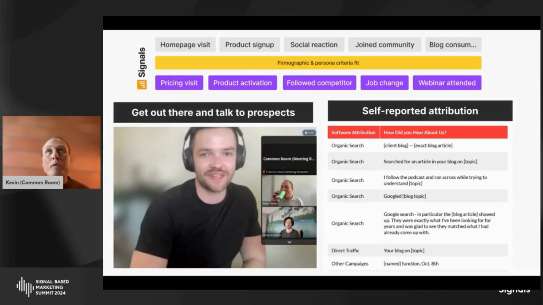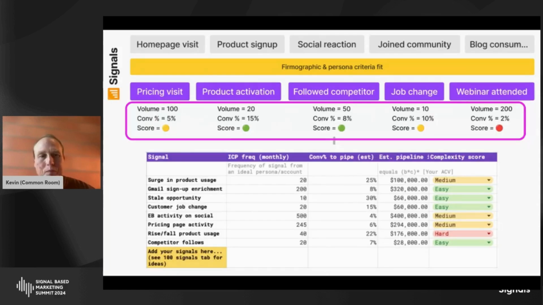Often when people report this, it could be, oh, I heard about you on LinkedIn, I heard about you within this community, this newsletter mentioned you. That is often a good place to identify signals that you maybe don't know about that your inbound leads are finding you through. You can tap into those and get above the funnel before they actually take those actions, and start to identify accounts and intent before it actually happens.